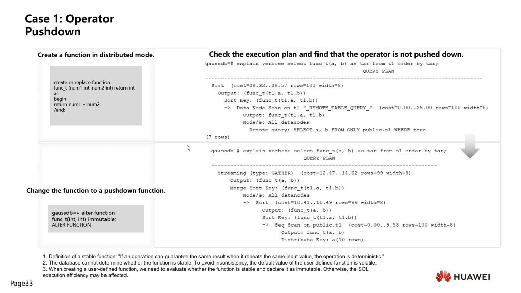Whenever we define a function in GaussDB, the function is assumed to be volatile, meaning the optimizer is unsure that if we provide the same input to the function, it would actually give the same output. Due to its volatile characteristic, it is unable to do sorting in the DN, unless we assure the function is not volatile by simply adding an immutable keyword after the definition of the function.